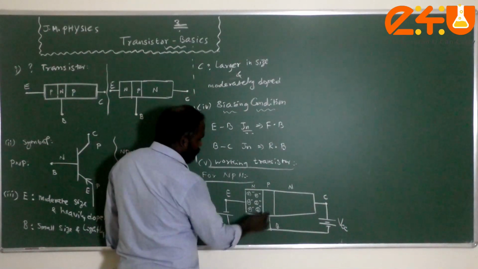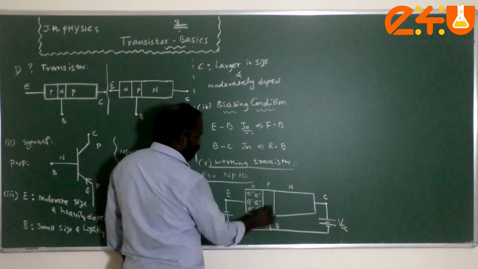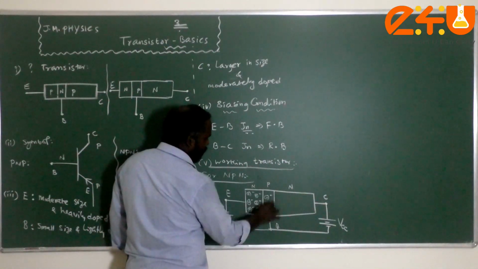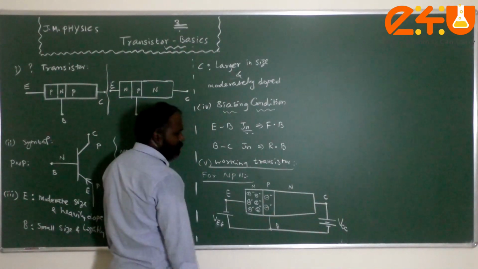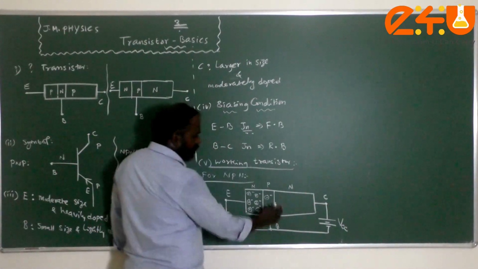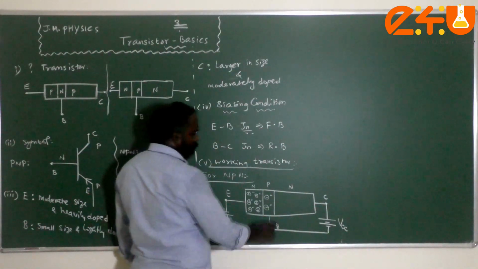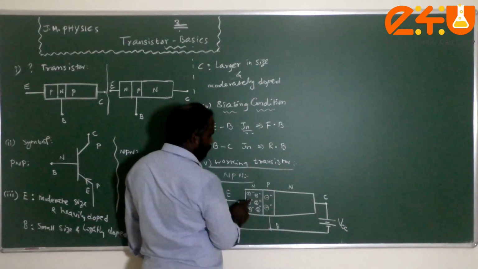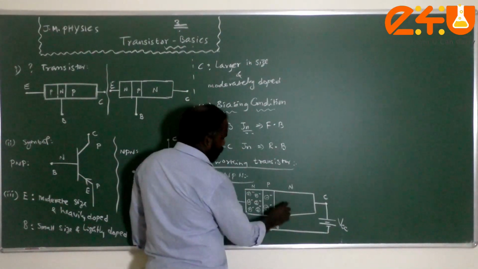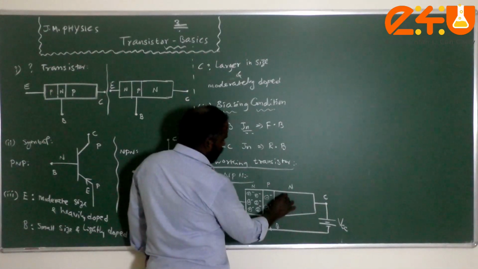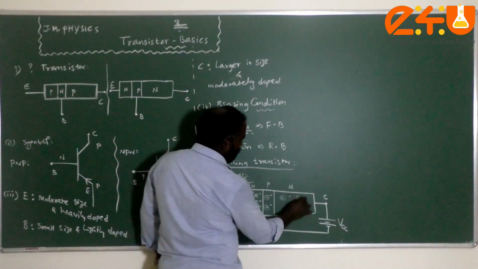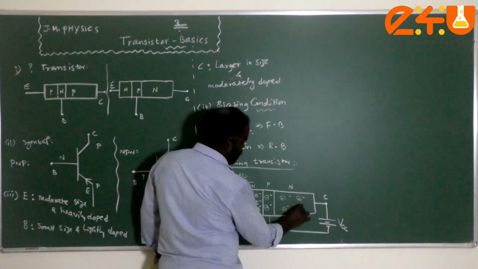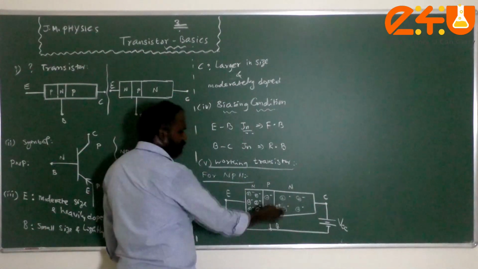So it is slightly doped, and this will be the representation of the P type material. The collector is larger in size and moderately doped. Very few charge carriers are available compared to the emitter. You can assume more space but a very small number of carriers.